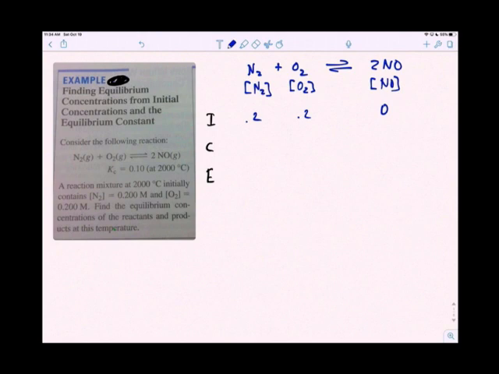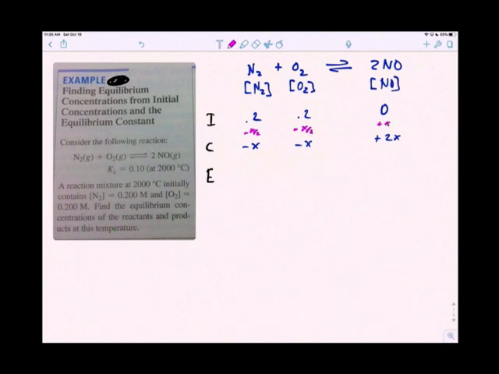So how are we going to change? We shift right, which means we lose one extent of reaction of nitrogen, we lose one extent of reaction of oxygen, and we gain 2 extents of reaction of nitrogen monoxide. If you want, you can do it this way: minus x over 2, minus x over 2, and then plus x.